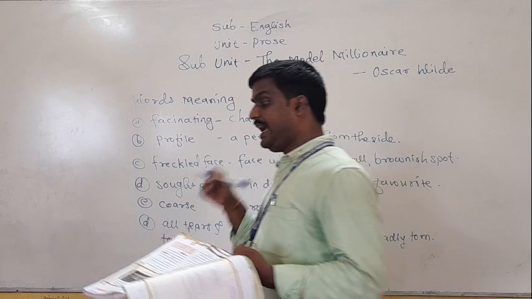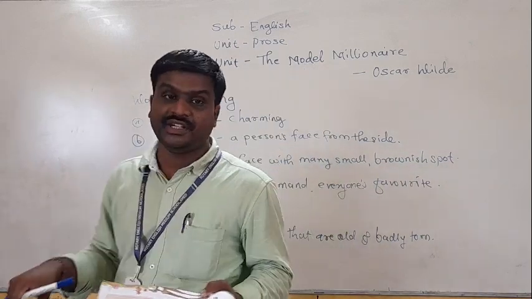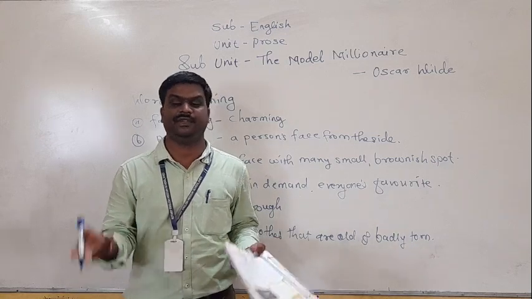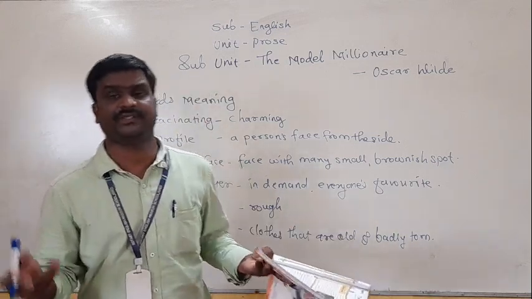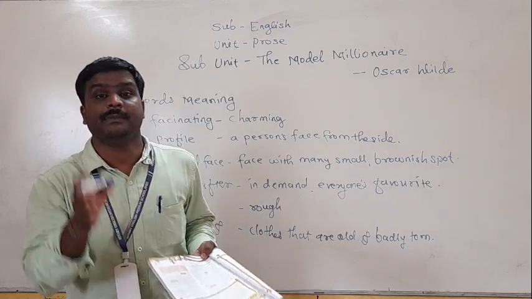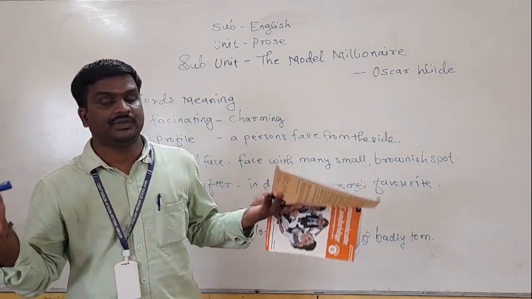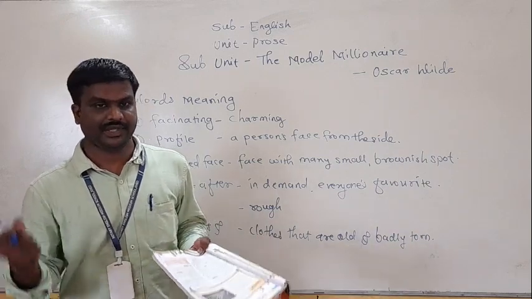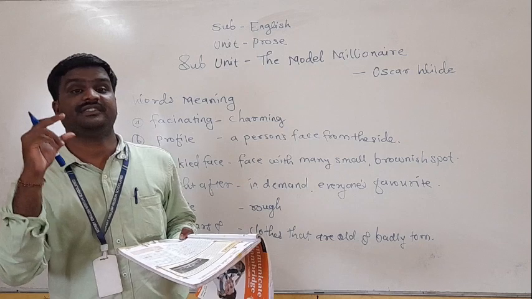In that situation, what was the condition? In today's world also we are facing these problems. A number of people are jobless. Though they have professions, though they have a perfect profile, they have no job. They don't have a job in hand. Okay, that is the first extract.